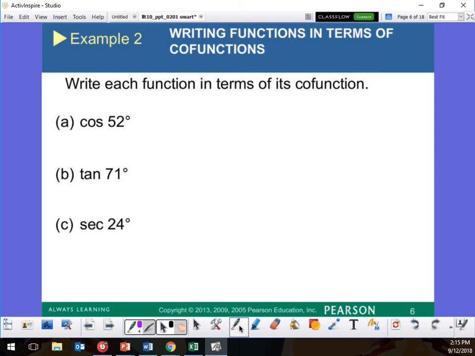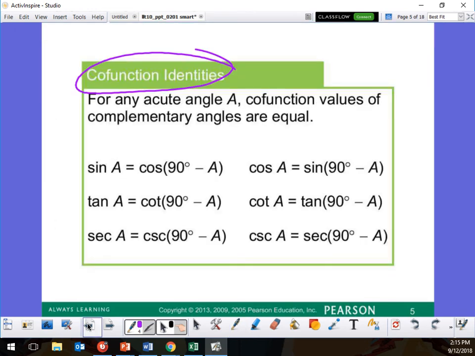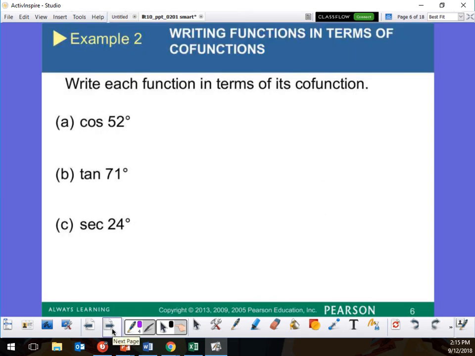All right, so let's take a look at this. Now, cosine of 52. Which identity went with cosine? Cosine of A is the sine of 90 minus A. But in this case, my A is what?